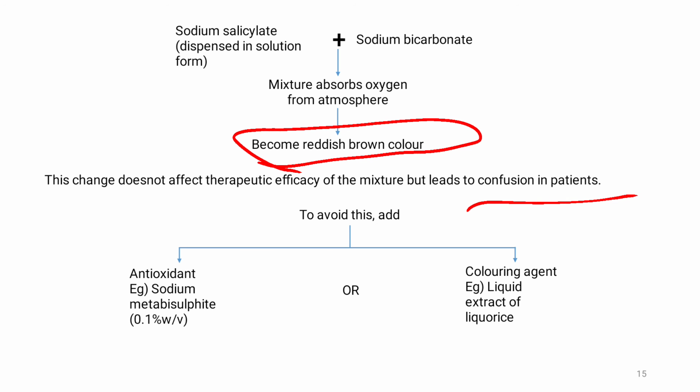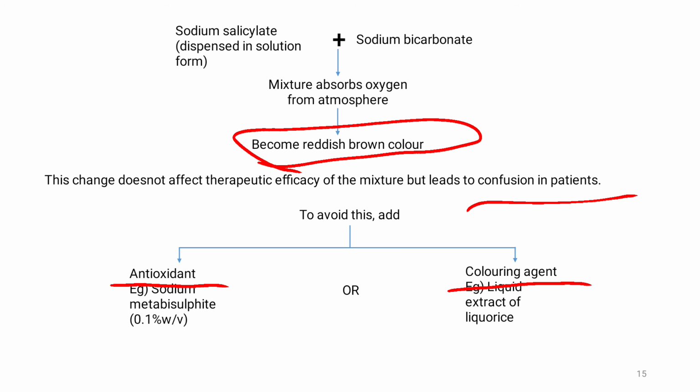Patient compliance is important in case of medicines, so we want to avoid this color change. We can add either an antioxidant or a coloring agent. If we add an antioxidant, we can prevent the oxidation.